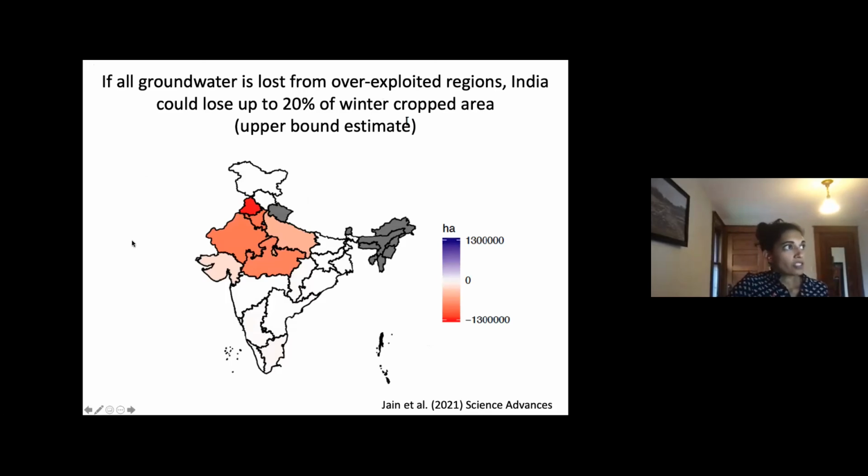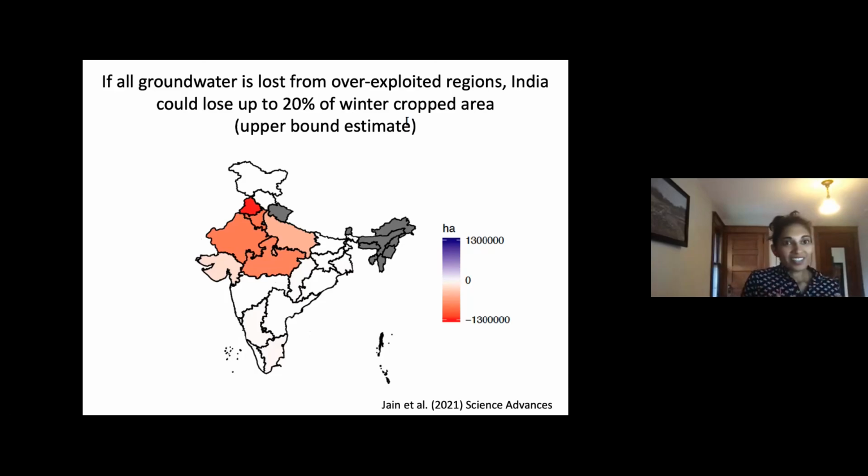This is just a map showing where the loss is expected to occur across the country. States that are more red are expected to face larger losses. And we can see that this loss is really concentrated in Northwest and Central India, which really are kind of the bread baskets of the country.